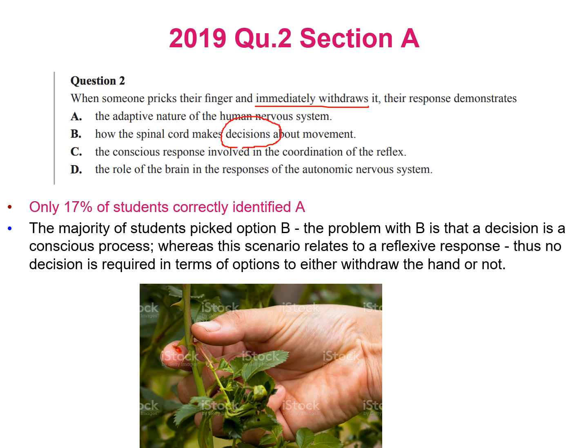So yes, the spinal cord's involved, but making a decision is a conscious process, so that's incongruent. So the adaptive nature of the human nervous system explains the functionality of the reflex response. So the point there is read carefully all the options so that you can eliminate the distractors, particularly when we have incongruence in terms of the response and the question.